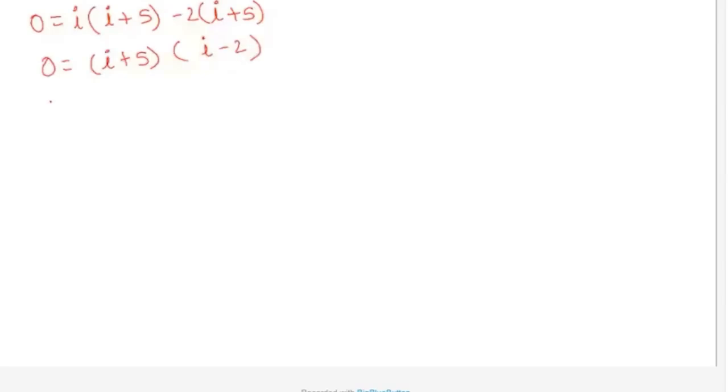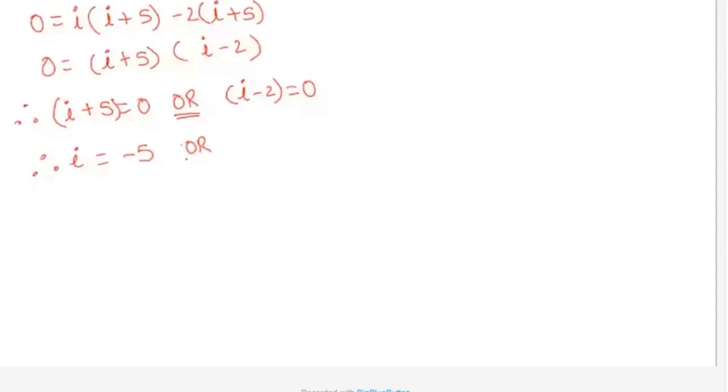Therefore, either I plus 5 is equal to 0, or I minus 2 is equal to 0. Further, what will you get? Therefore, I is equal to -5, or I is equal to 2.